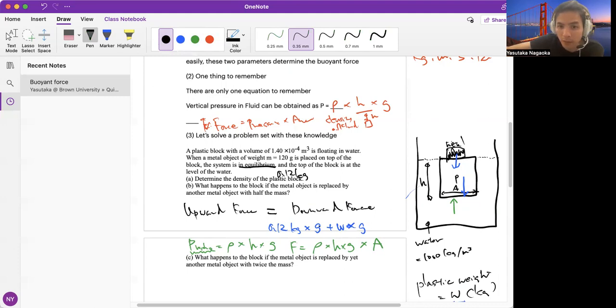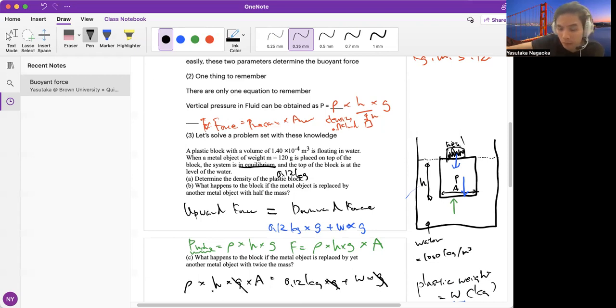So basically, you're going to plug this into here and this into here. So the equation is going to be rho multiplied by H multiplied by G multiplied by A equals 0.12 kilogram multiplied by G plus W multiplied by G. And you find that this G can be canceled out because it is everywhere.